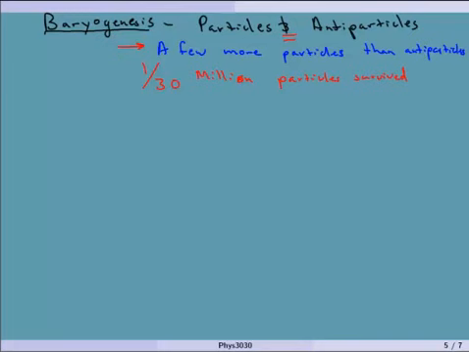And we're only left with 1 in 30 million of them left. Okay. And this is called baryogenesis. What it basically means is that we have all of these particles left over, and the baryo is really those heavy ones like the protons and the neutrons. And so that's what we're left with.